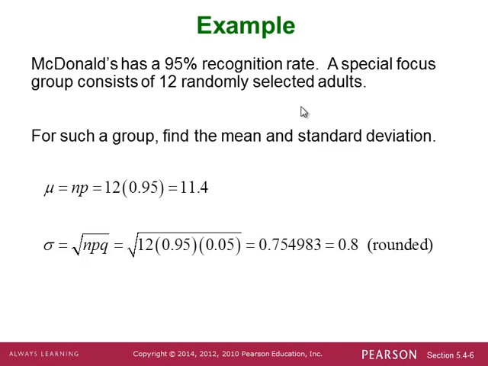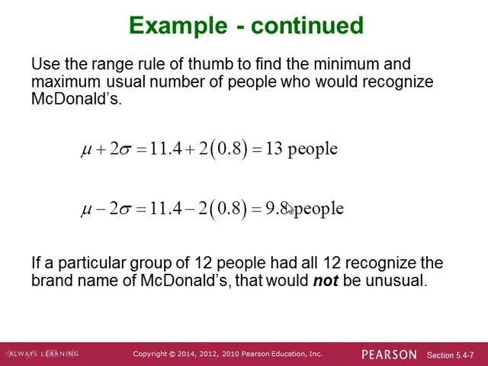Also, we can take a look at using the range rule that says that at least 95% of such experiments, where we randomly select 12 people and ask each one of them if they recognize McDonald's, 95% of such experiments would result in between 9.8 and 13 people recognizing McDonald's.